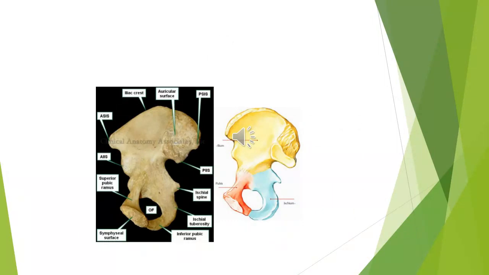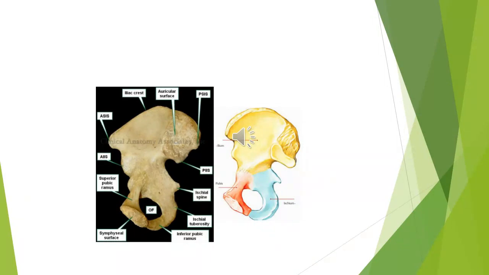In this picture, you can identify the upper expanded portion is the ilium, and the upper border of the ilium you already know, that is the iliac crest, and anteriorly the anterior superior iliac spine, and then lower down after a small notch, the anterior inferior iliac spine.